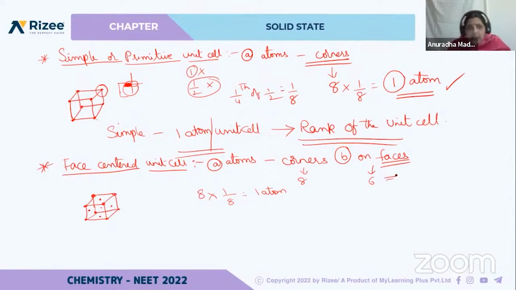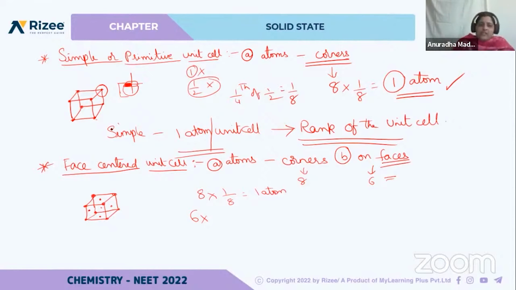Then what about faces? How much of an atom is coming into the face? Let's see. 6 into half. If you consider this one as a cube and place an atom here, half of it is coming into that unit and half is outside the unit.